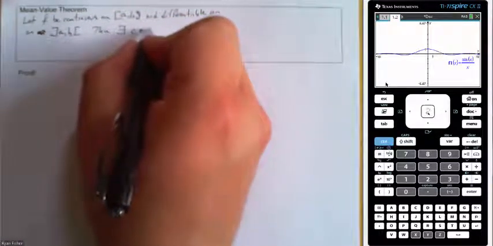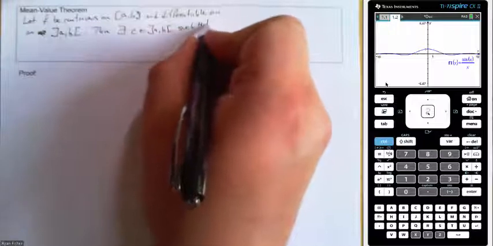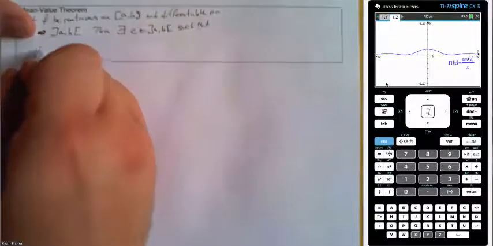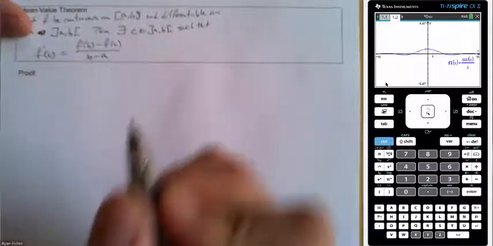Then there must exist some c in the open interval such that the following is true: the derivative at this value c is equal to f of b minus f of a over b minus a.